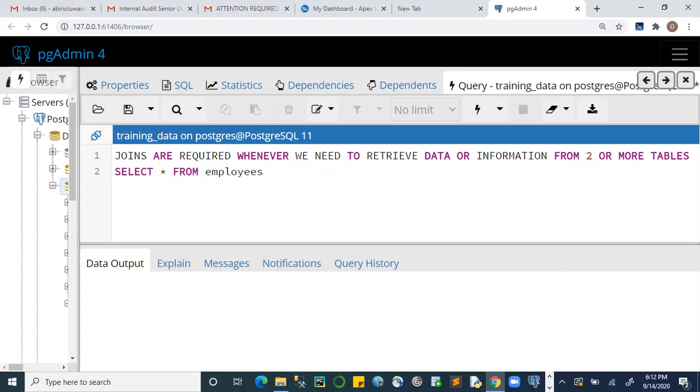That is when joins come in handy. This session is just to give you the theoretical background of what joins are. We're not going to be writing queries, but this session is so important before we move into writing queries where we can actually apply the joins concept.